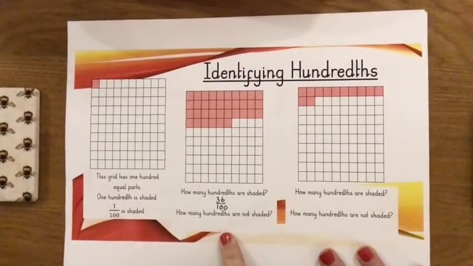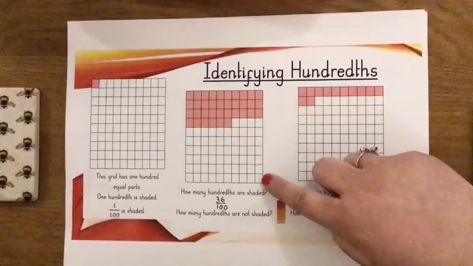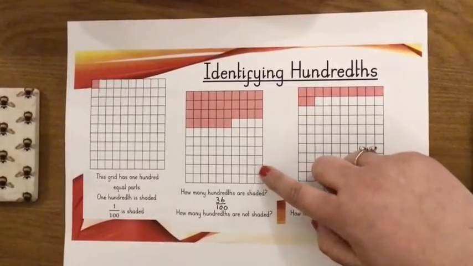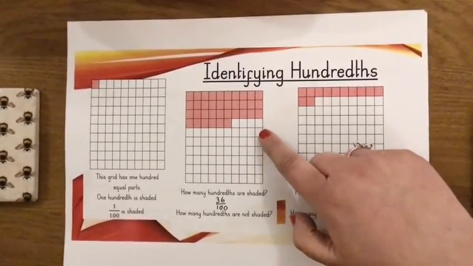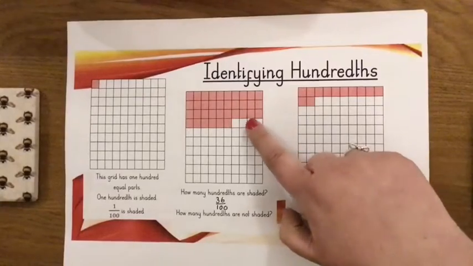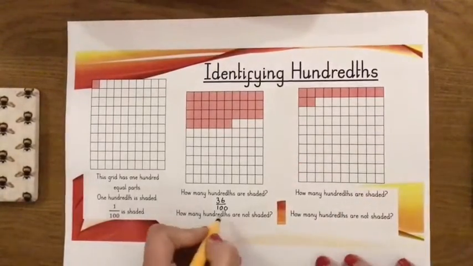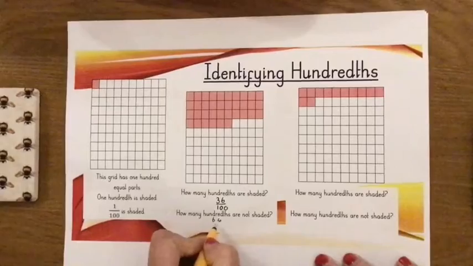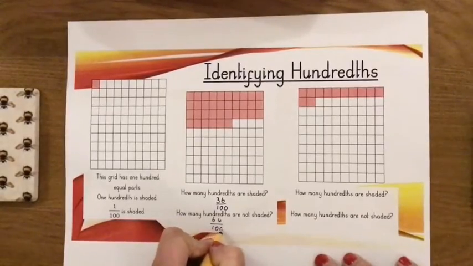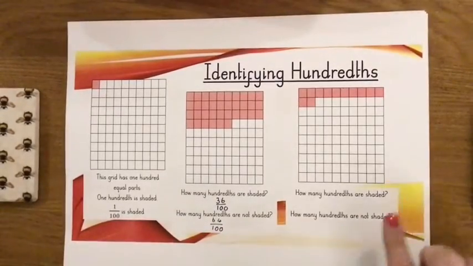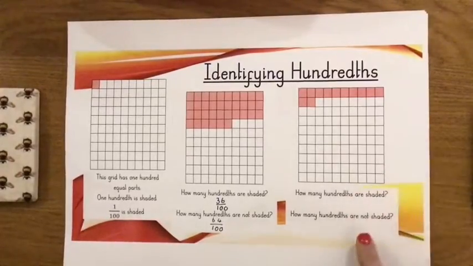How many are not shaded? Well, I'm going to count the white squares. So 10, 20, 30, 40, 50, 60, 61, 62, 63, 64 are not shaded. Okay, let's have a look at this one then. How many hundredths are shaded?